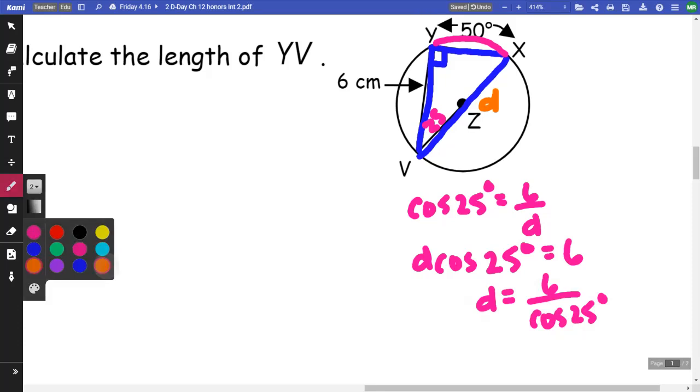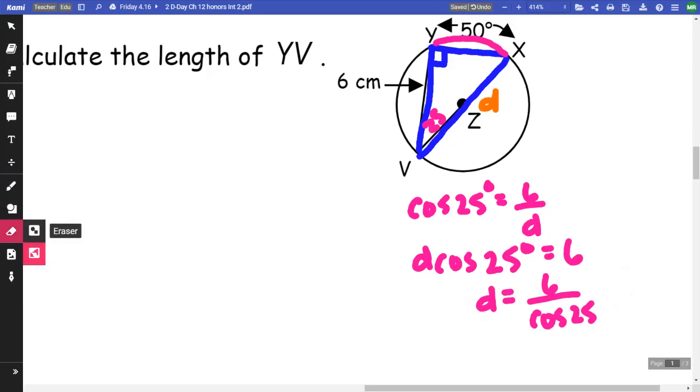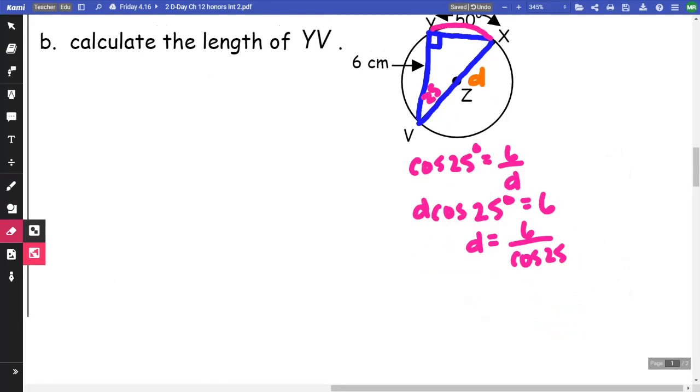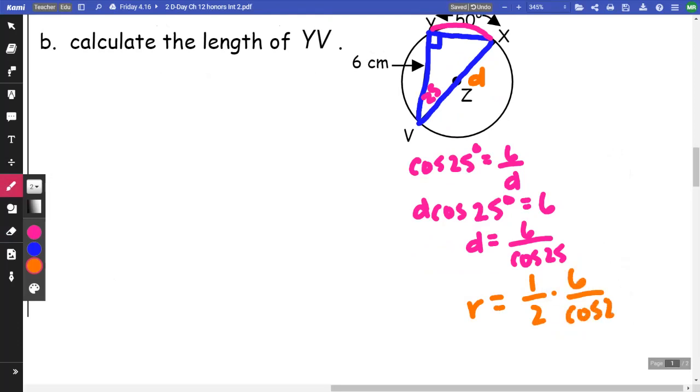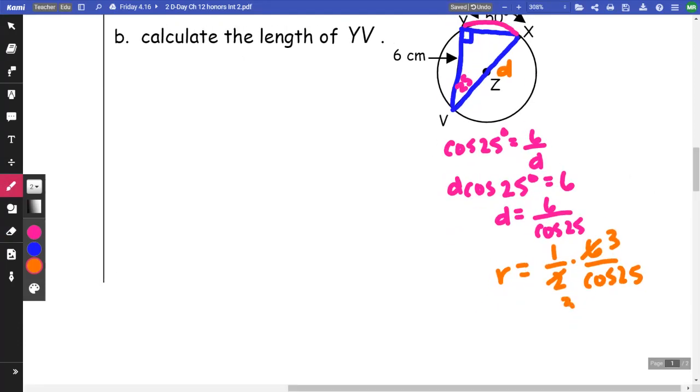Okay. I have half of that for a radius. So my radius is going to be half of that. That's going to be 3. So it's going to basically be 3 over cosine 25 is my radius.